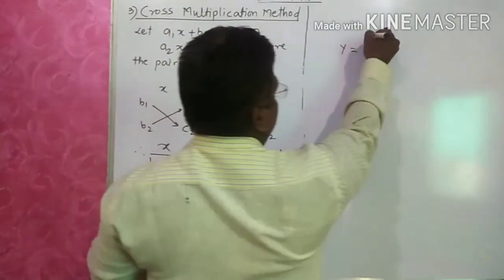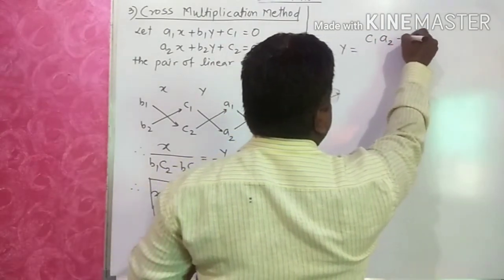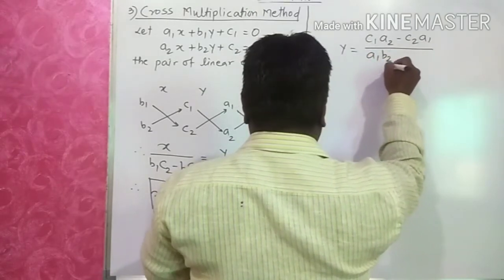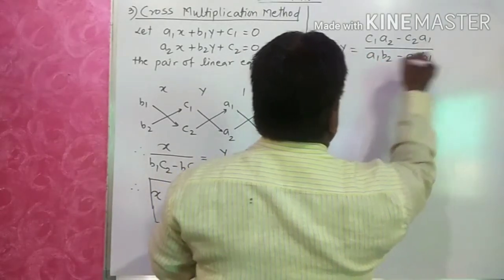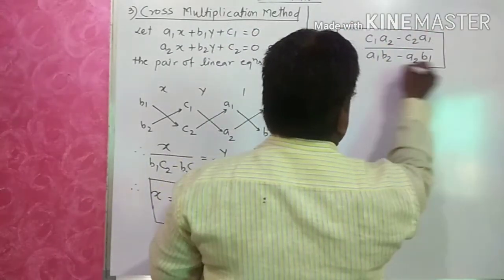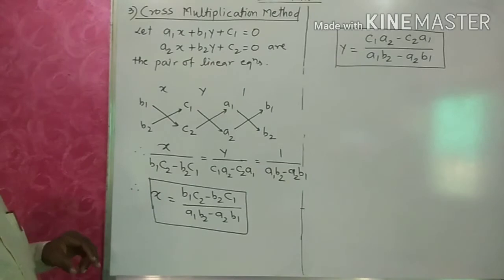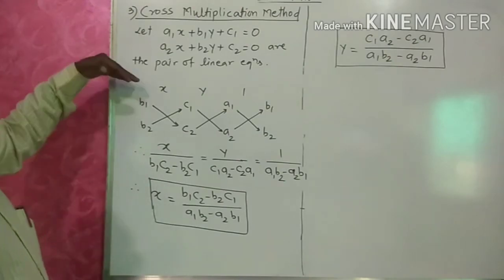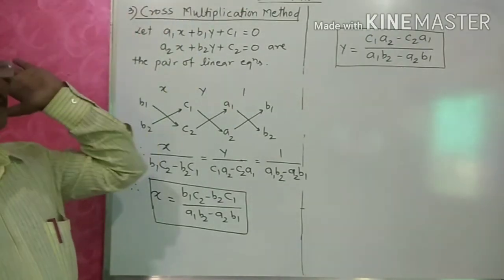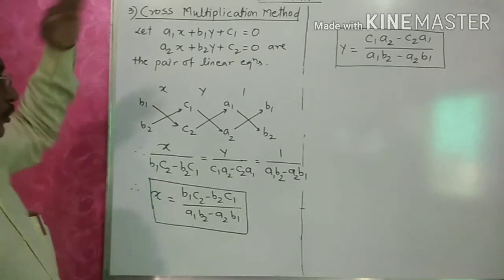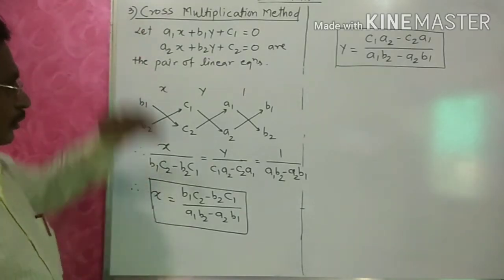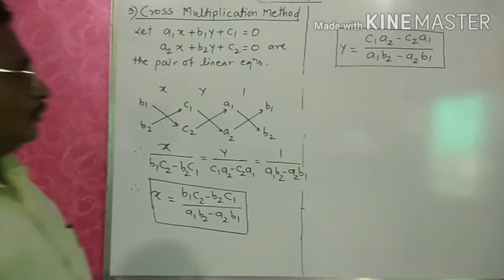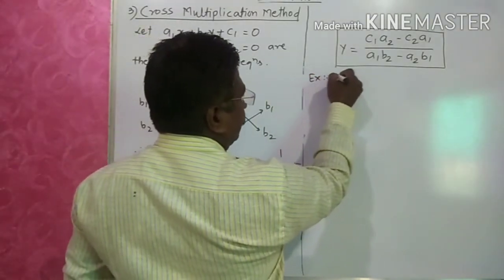So y equals c1 a2 minus c2 a1 by a1 b2 minus a2 b1. So in this way, these are the values of x and y. This is the method to use in the cross multiplication method. So this is the algorithm, and I will send the algorithm. In this way we have to solve it. Now we will take an example.